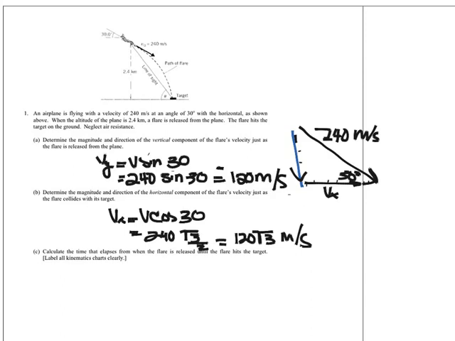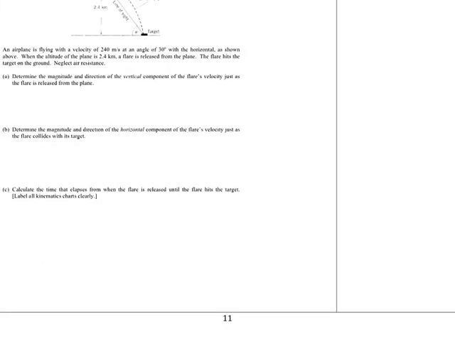In part C, the problem asks us to calculate the time that elapses from when the flare is released until it hits the target. To do this, I'm going to need a little bit more space, but I can make an XY chart.